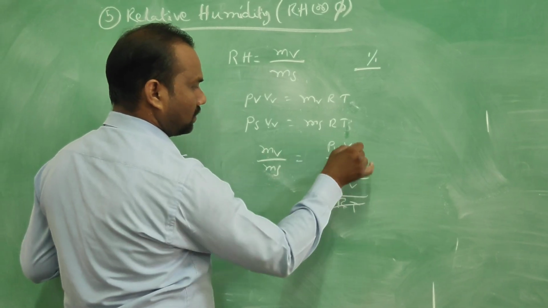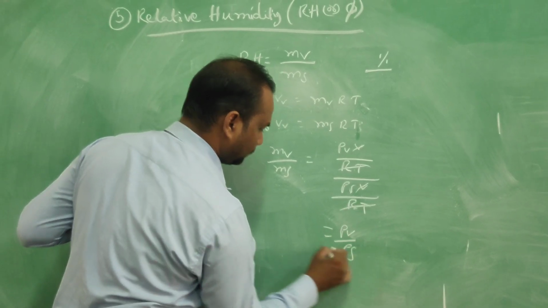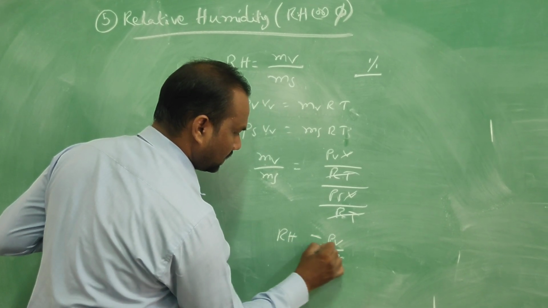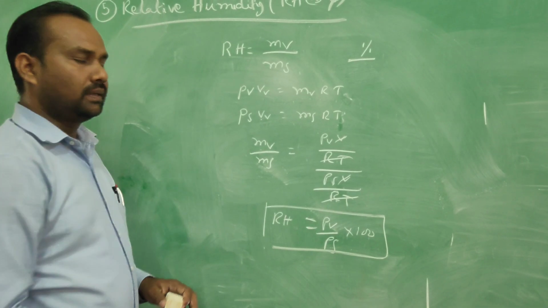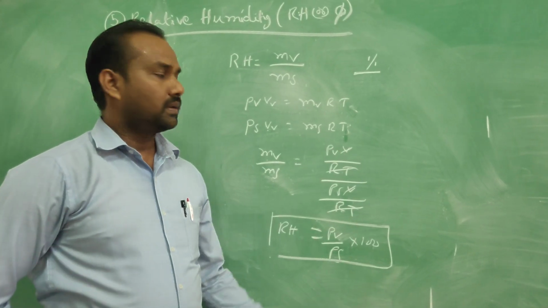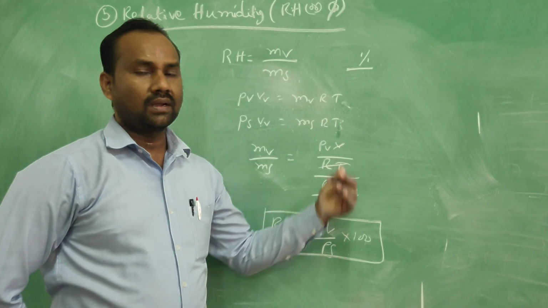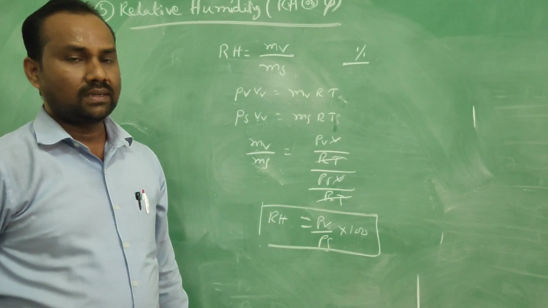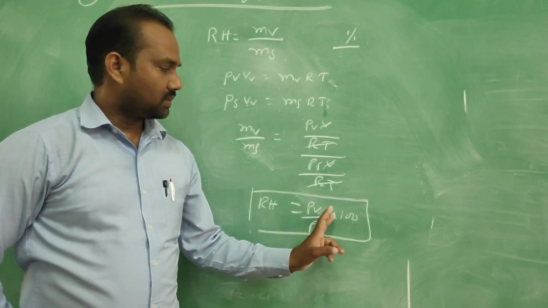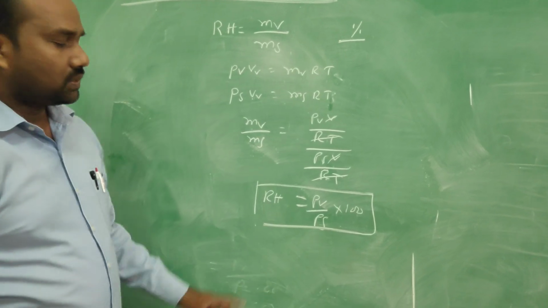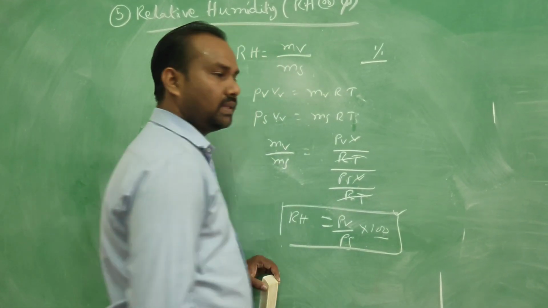RT gets cancelled, V gets cancelled, then it is PV by PS. So relative humidity is given as PV by PS and is expressed in percentage, so you need to multiply with 100. The temperature, gas constant and volume remain the same for saturated and unsaturated conditions, so these will be cancelled. So only PV by PS is left. PV by PS into 100 is the empirical equation to calculate relative humidity, and it is expressed in terms of percentage, that's why we need to multiply with 100.